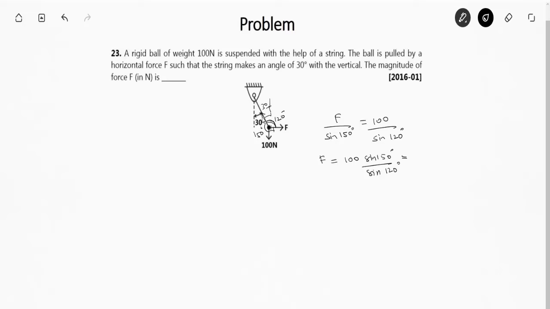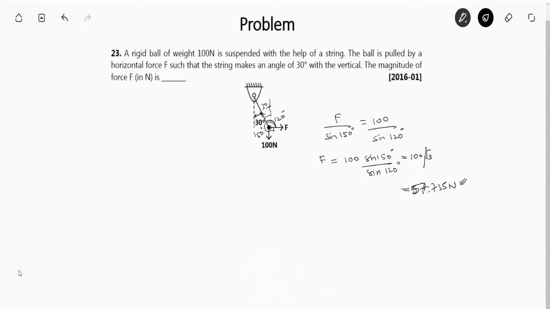So friends, if you solve it, you will get 100 upon root 3. If you put the values in the calculator, you will get 100 upon root 3. So the right answer is 57.735 Newton. 57.735 Newton is the right answer.